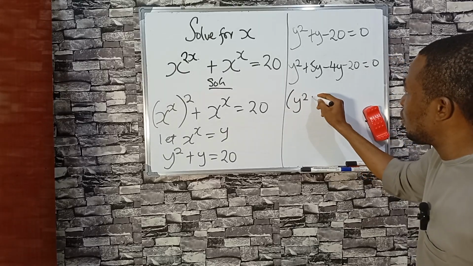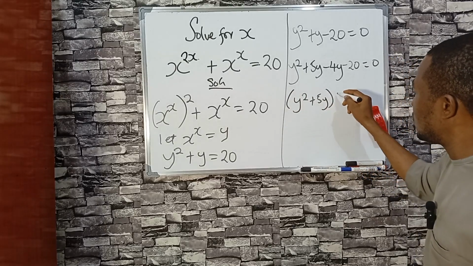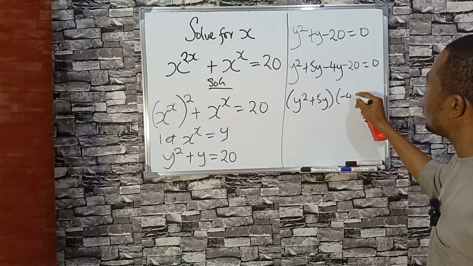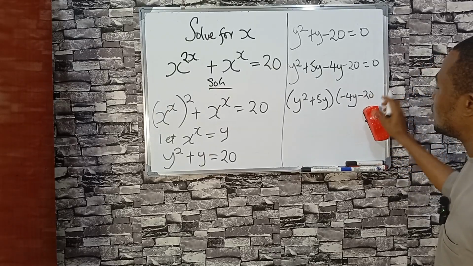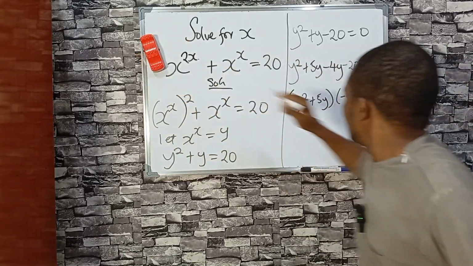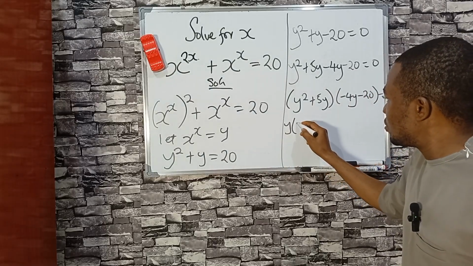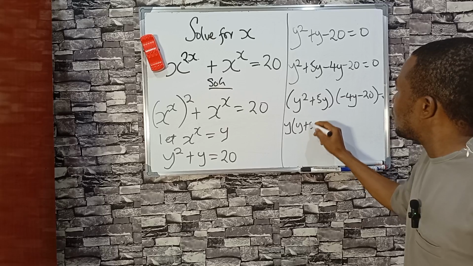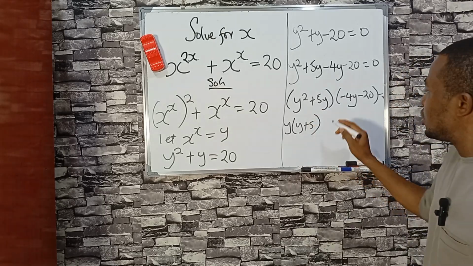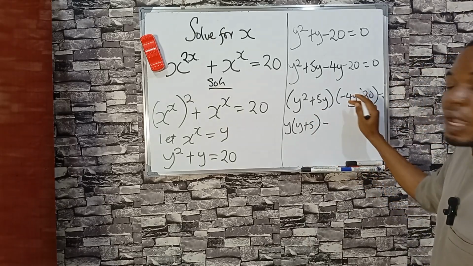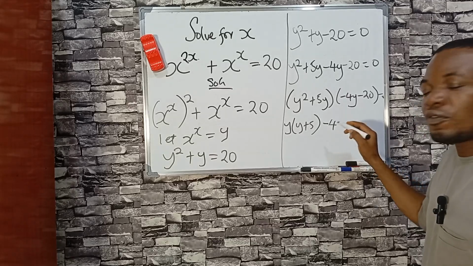By grouping, I will have this, minus 4y minus 20 equals 0. That means y is common in the first bracket, y plus 5. In the second, what is common is minus 4. Note, it's not 4, it's minus 4.